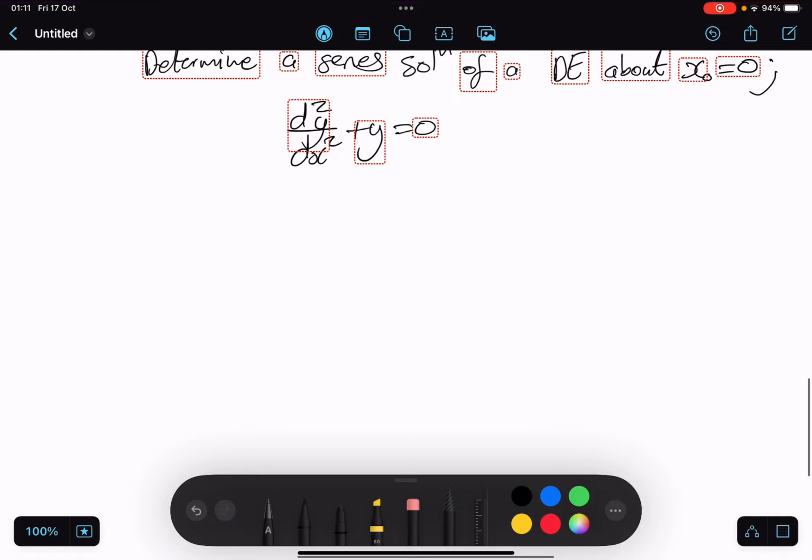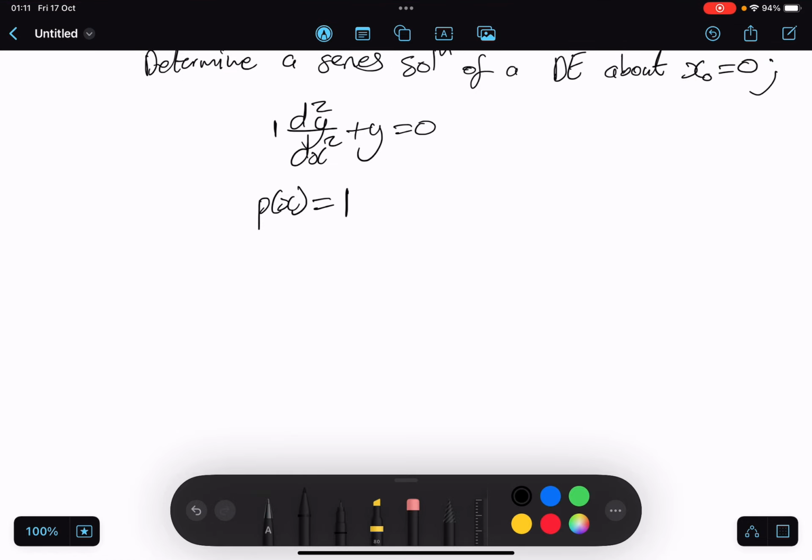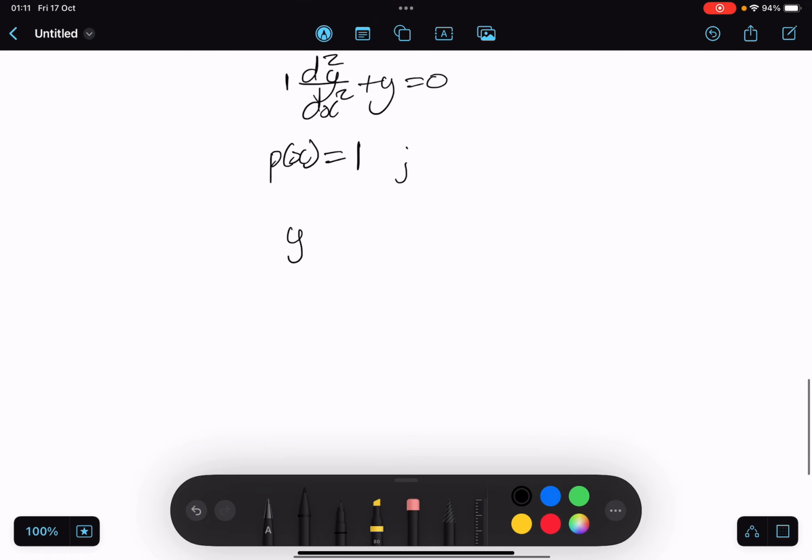First of all, we need to note something: your value for p of x is equal to 1, because p of x is here, right? So p of x equals 1, which means we are looking at a general solution for the power series.